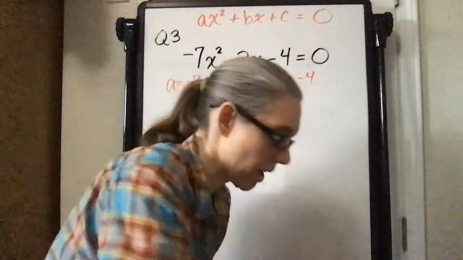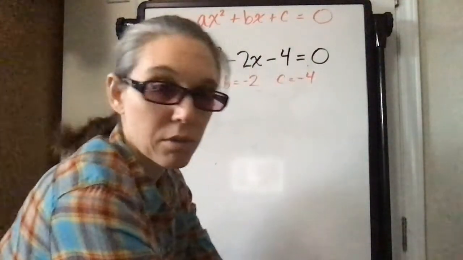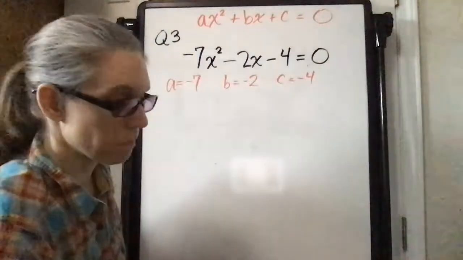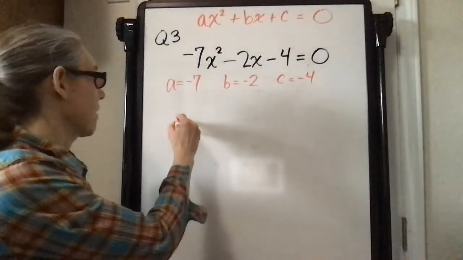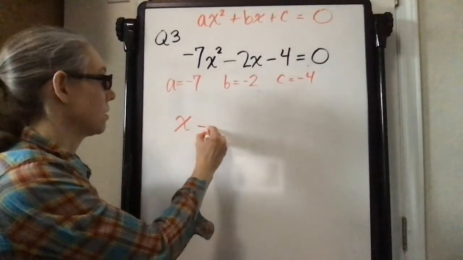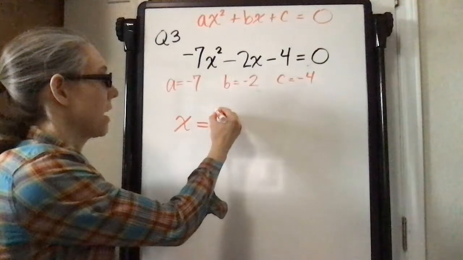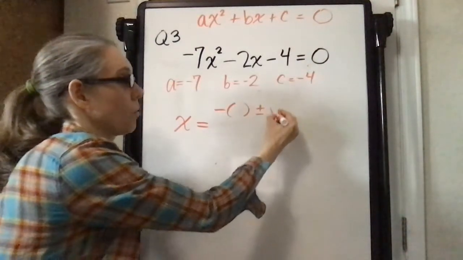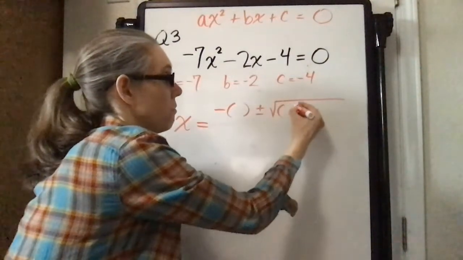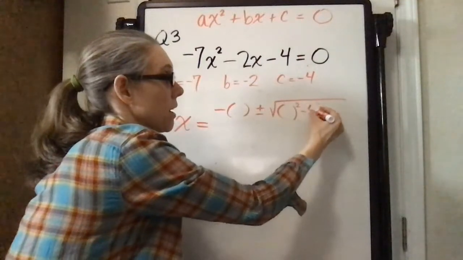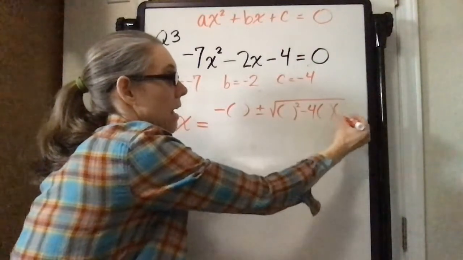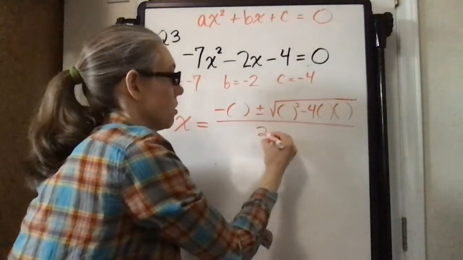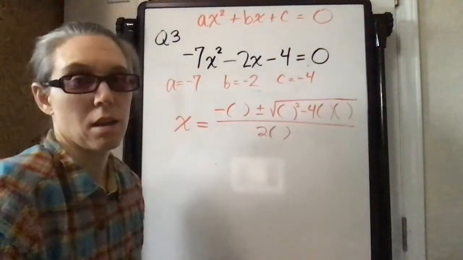So remember, you want to have the formula out in front of you at all times for this section. It's on page 691. We're going to take x equals negative b plus or minus the square root of b squared minus 4ac all over 2a.